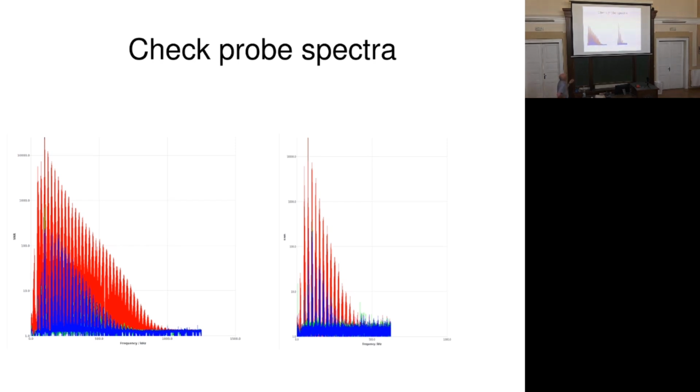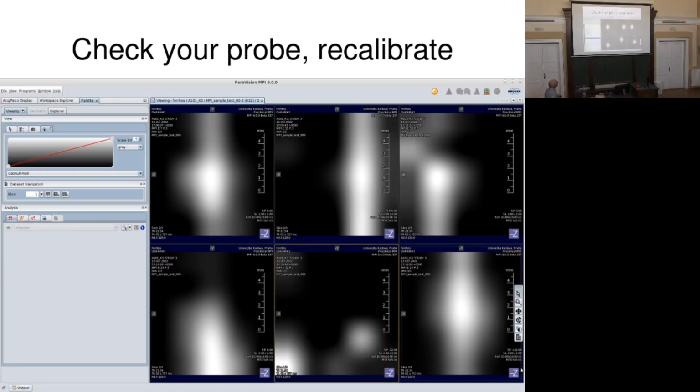Check spectra of your probe. This is nice. This is somewhat worse. We are missing here higher frequencies. And of course, you can use the procedure for quality control to check your probe. So you can see in this case, this probe behaves much worse.